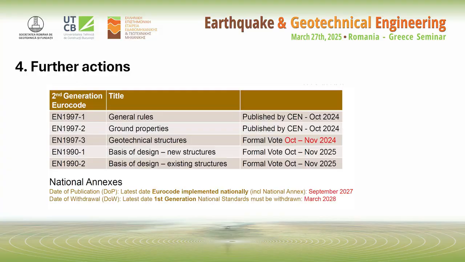Further actions. As I mentioned before, we have Eurocode 7 Part 1 and Part 2 already published. For the Romanian people in the room, it is already adopted as Romanian standard, and there should be work done this year for the translation of these two parts and also for the elaboration of the national annexes.